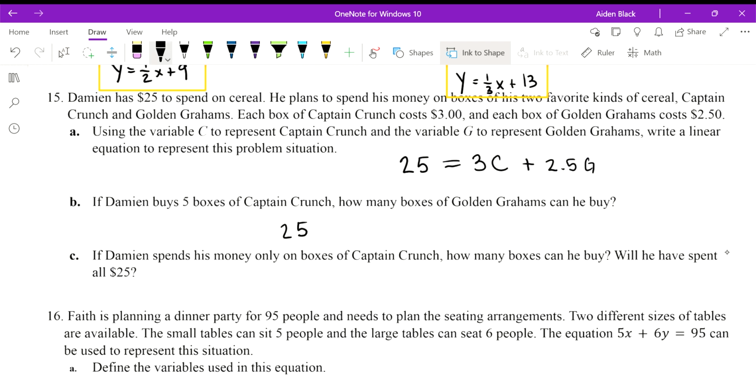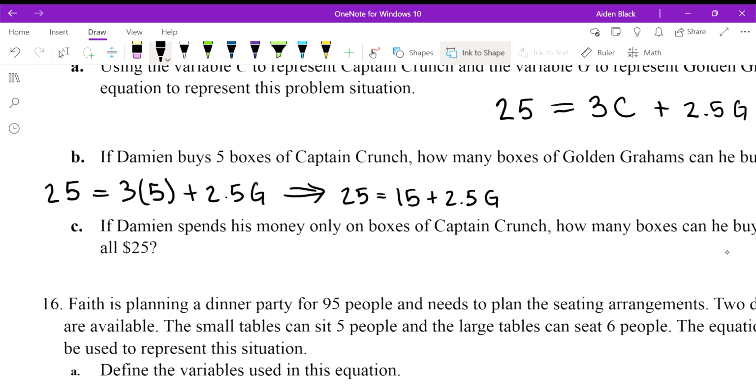So 25 is equal to 3 times, you said 5 boxes of Captain Crunch. So we get 25 is equal to 15 plus 2.5g, and if we subtract 15 from both sides, we get 10 is equal to 2.5g.